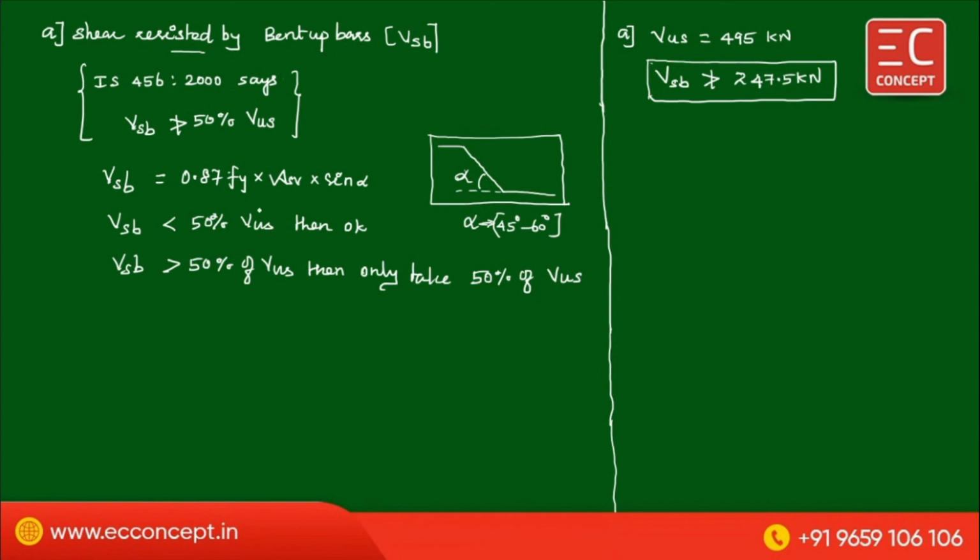So this is the condition. That is the first point under A. Now B. This is the formula for limit state method. One more formula is there, VSB equals sigma SB into ASB into sine alpha. This is the working stress method formula.